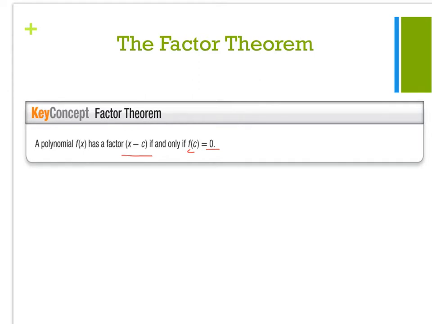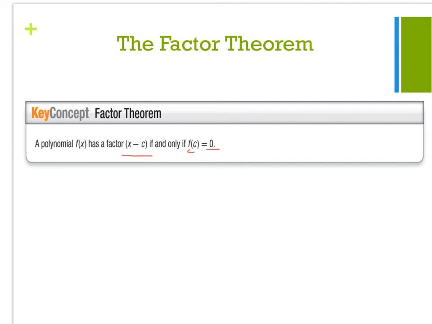Now, we've talked about this kind of informally so far. In the very first video, I asked you to factor polynomials all the way after you've completed the long division. And the only way you can factor a polynomial is if your remainder is equal to 0.